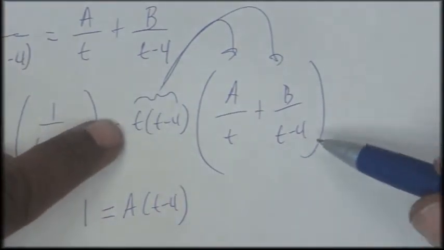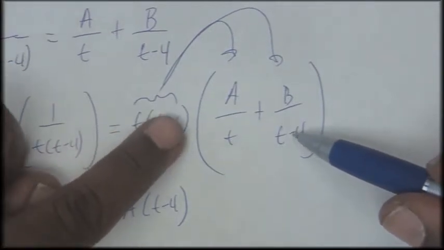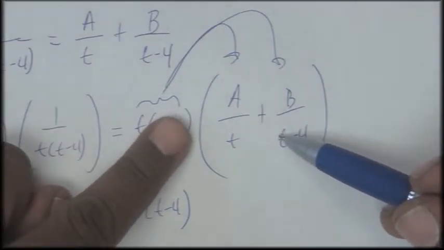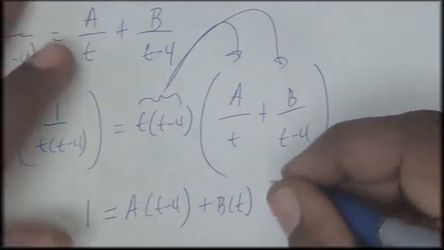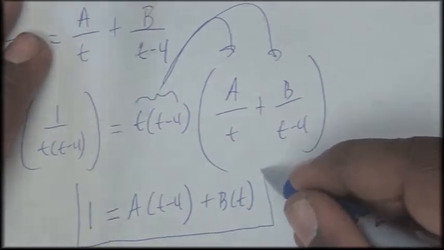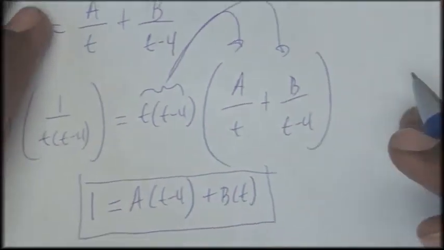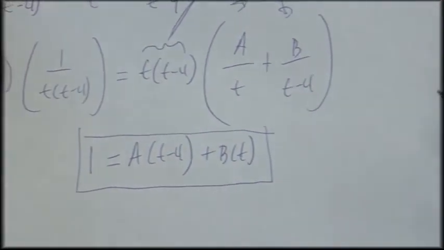I'll distribute it with our second term. Notice that the t minus 4 cancels, so I'm left with B times t. And we'll use this equation to find our constants A and B.